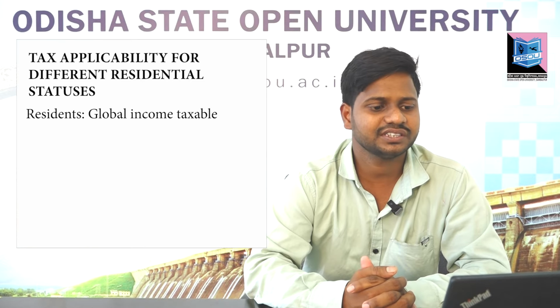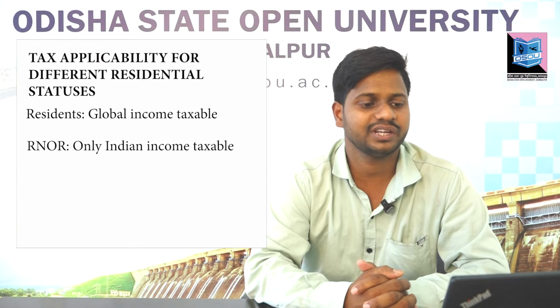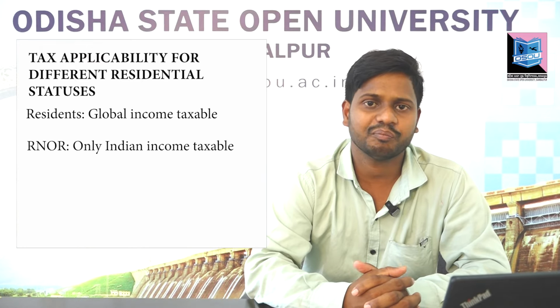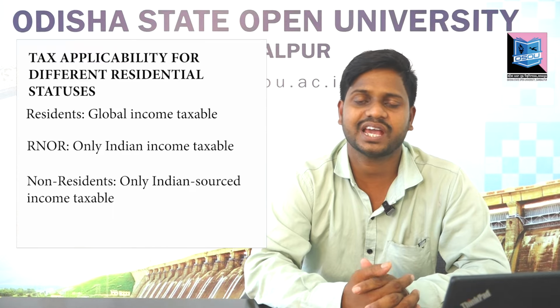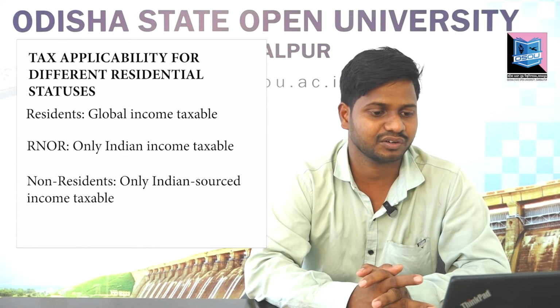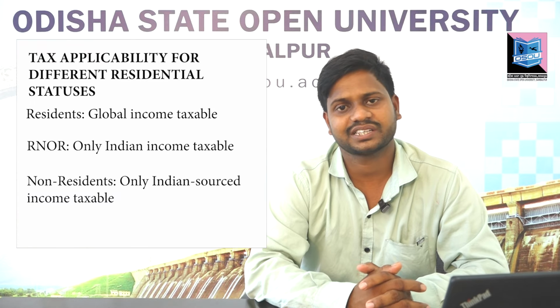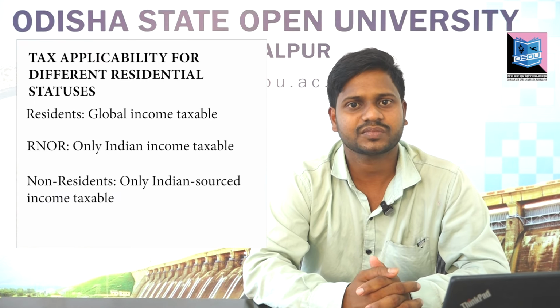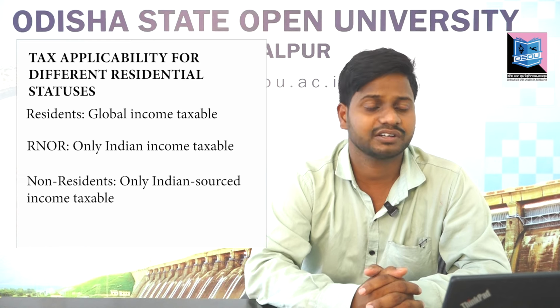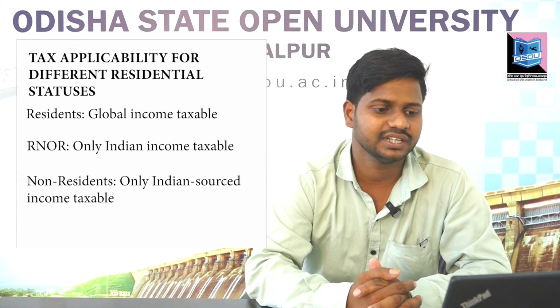If a company is considered a resident, then it will pay tax on global income, and if a company is non-resident, then it will pay tax on only Indian income. So that's all about the double taxation avoidance agreement system.